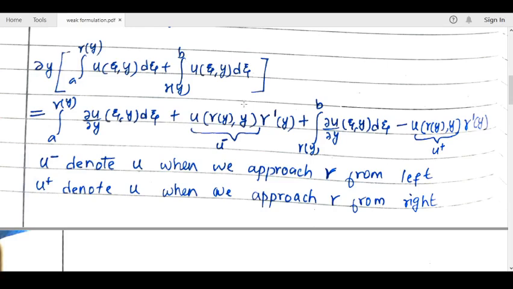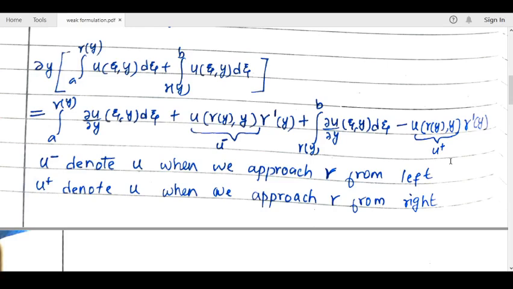And then minus the lower limit: you put gamma of y in place of theta, so u of gamma of y comma y times gamma dash of y, the derivative of gamma. This is the formula we studied in integral equations for differentiating under the integral sign, and we have applied it here.